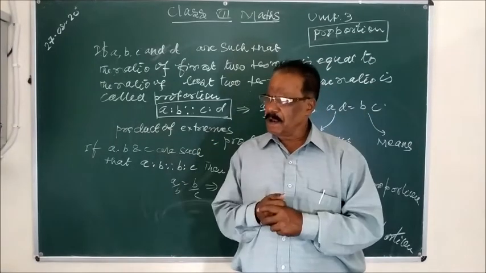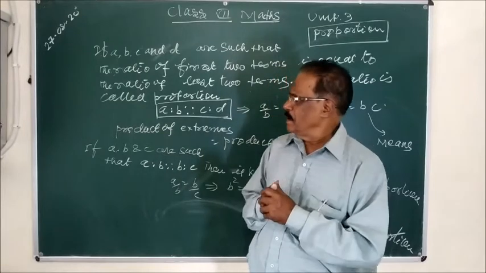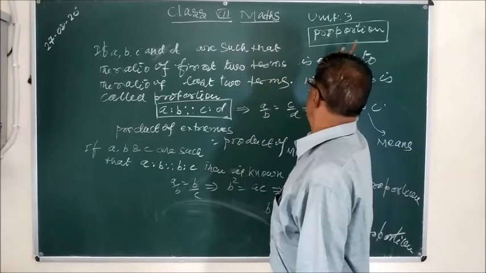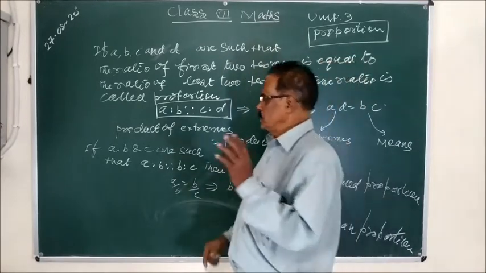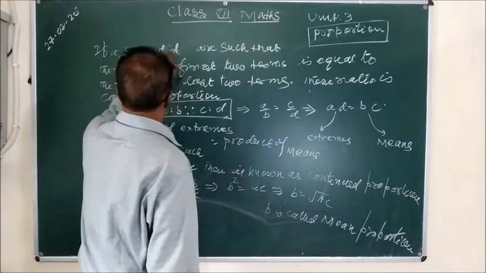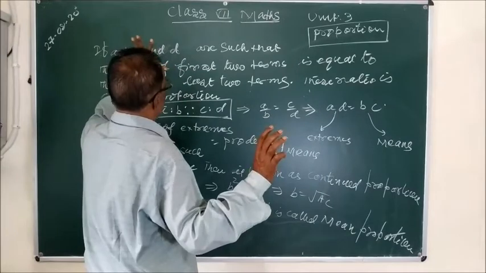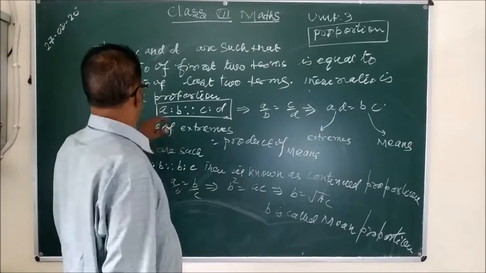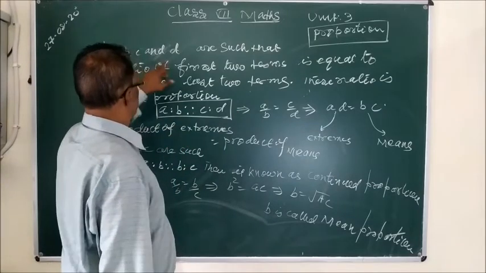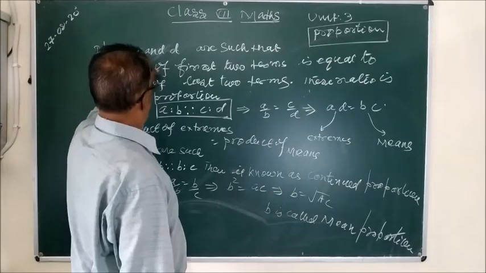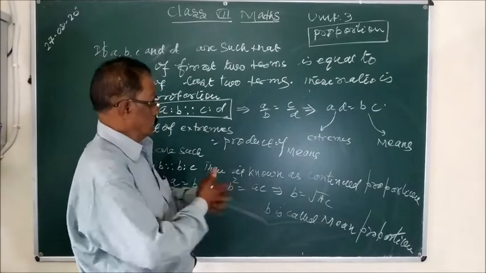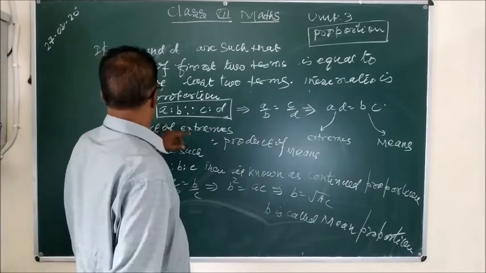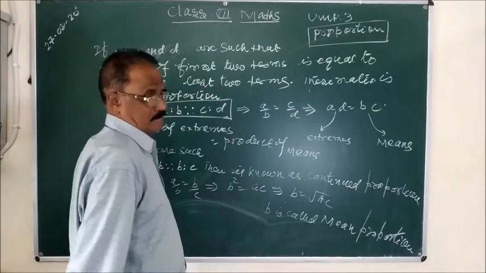In an easy way, if you want to understand what we mean by proportion: suppose A, B, C and D are 4 terms or numbers such that the ratio of the first two is equal to the ratio of the last two, then these ratios are called proportion.